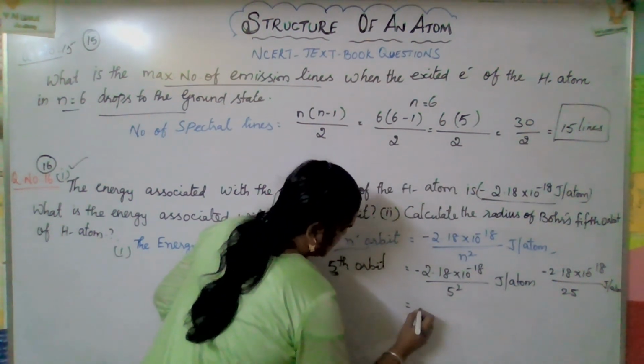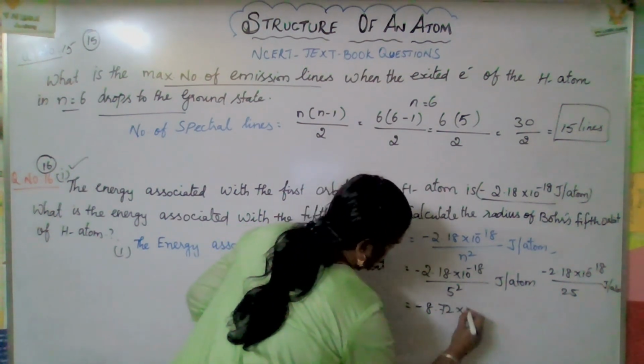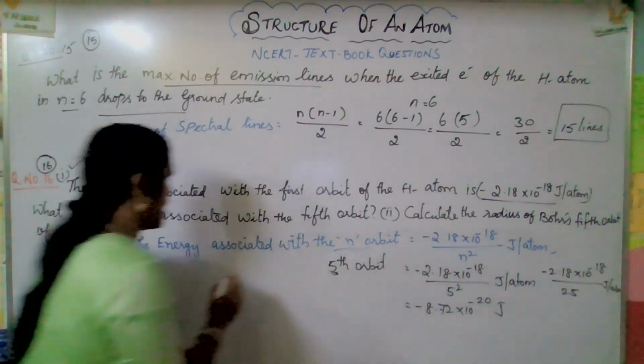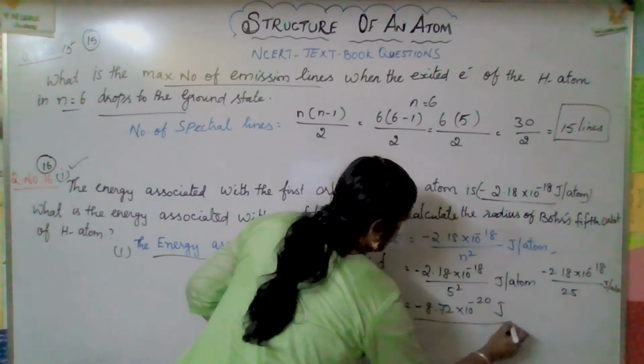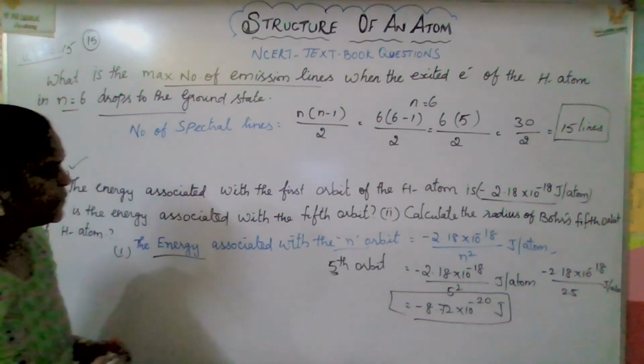So you will bring the answer here, minus 8.72 into 10 to the power of minus 20 joule. Here they are mentioning energy only, no? So minus 8.72 into 10 to the power of minus 20 joule.